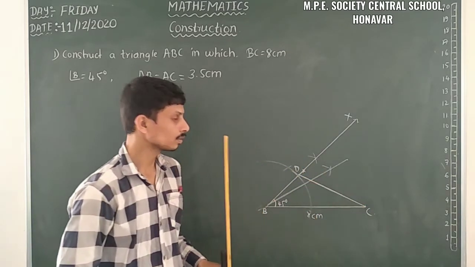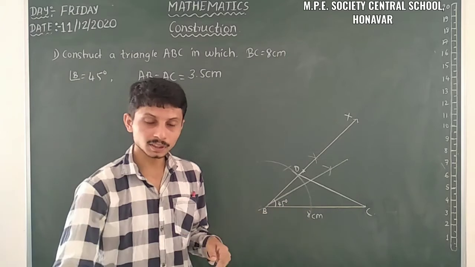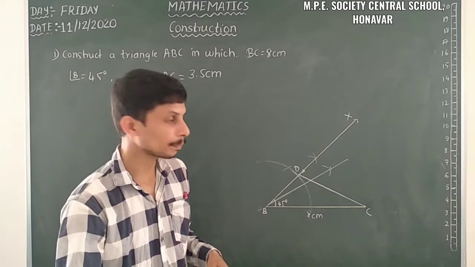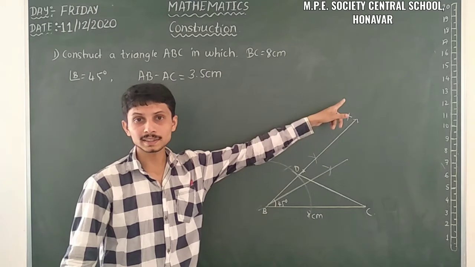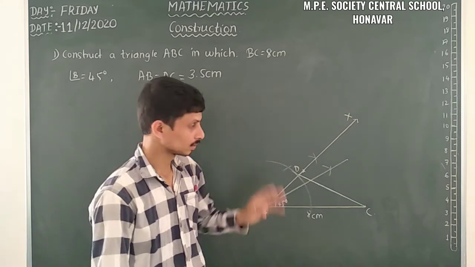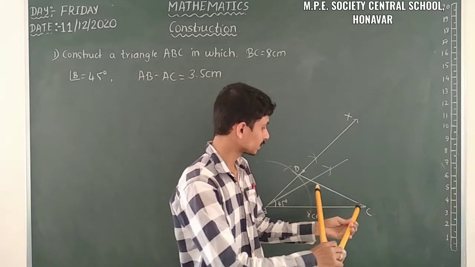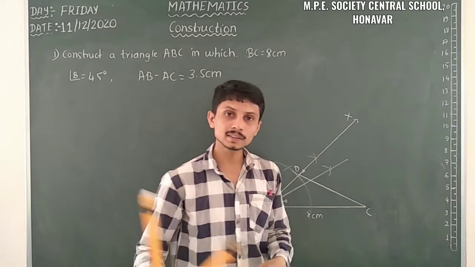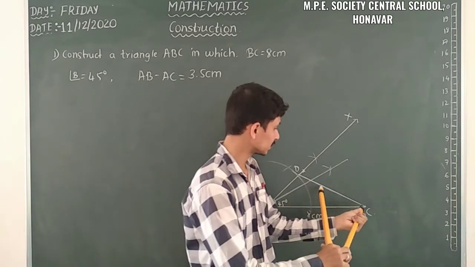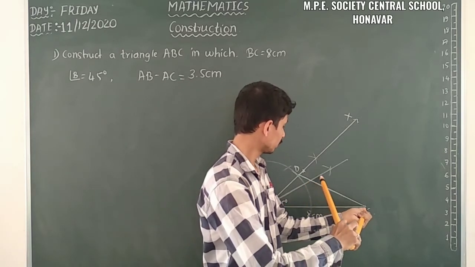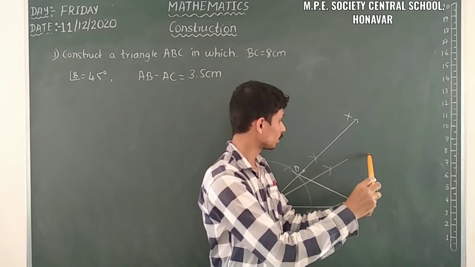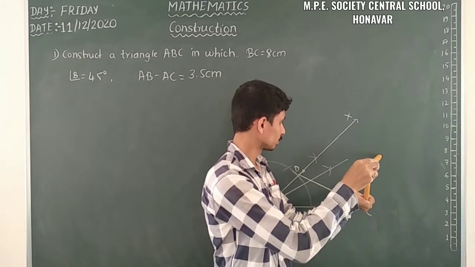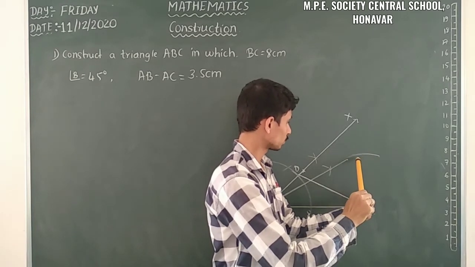So DC we have. And what is the next procedure? You have to draw a perpendicular bisector of this DC. That perpendicular bisector intersects BX at some point. So let us take the perpendicular bisector. Taking a radius more than half of this DC, and taking C as a center, draw a curve here on both sides.